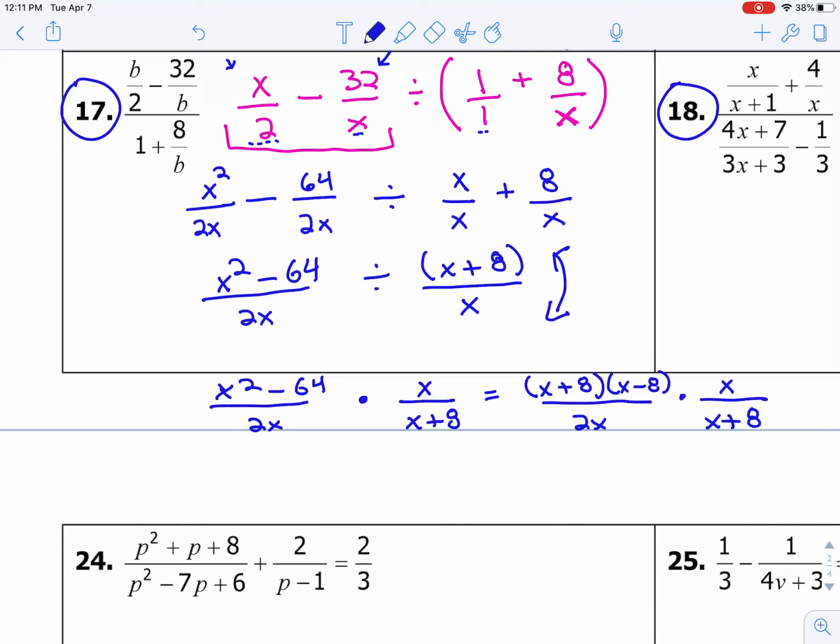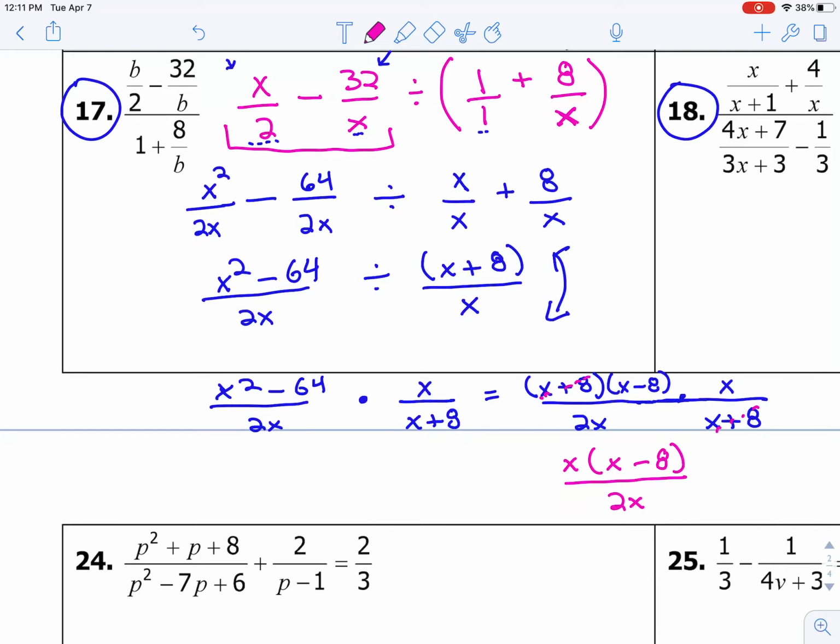And now it's just like the last problem. I'm going to extend this, so it's all over that, and I'm going to get out my canceling pen. And I see that x plus 8 and x plus 8 go away. And then I'm going to have x times x minus 8 over 2x.